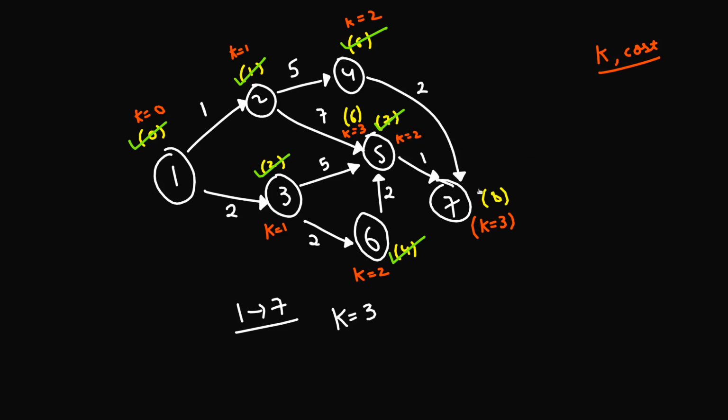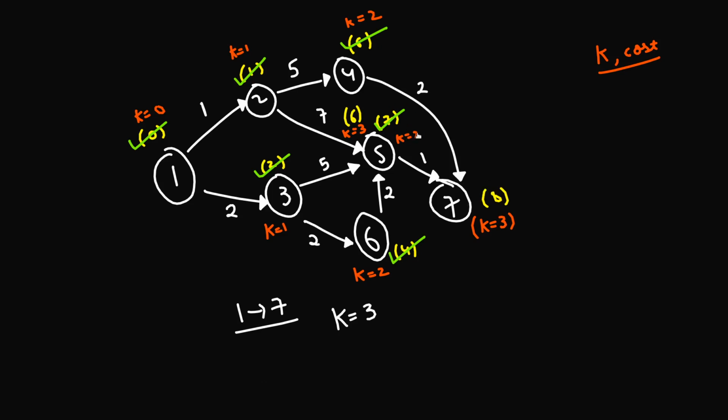So the cost is going to remain 8, and since k is equal to 2, 2 plus 1 is going to be 3, so that's k equals 3. And we see that for k equals 3, this city 7 is already having the cost as 8, so it doesn't practically affect whether I come from this or I come from this path. It doesn't make any modification either way. Okay, so with that, this is also done.